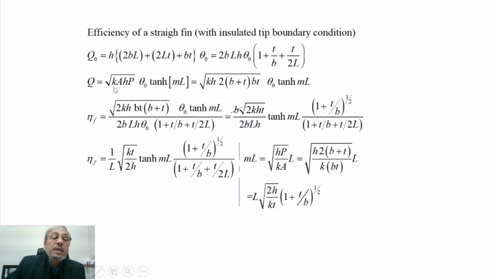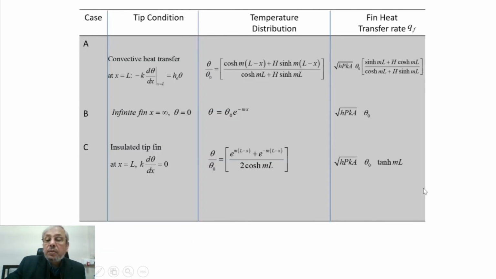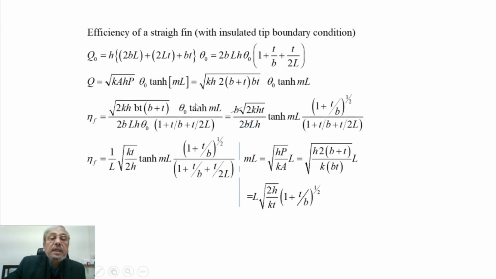This can be root over k h p theta naught tan hyperbolic ml, and that is the result we got, actual Q. If we look into our analysis, we have taken that actual Q, and then in actual Q we substitute the geometrical parameters A and P. A is B T and P is twice B plus T, and theta naught tan hyperbolic ml.